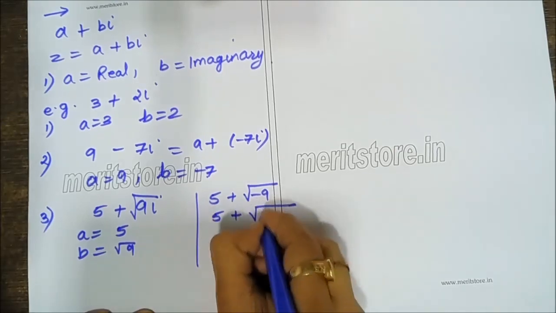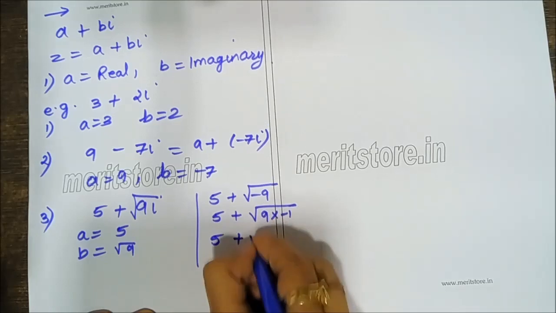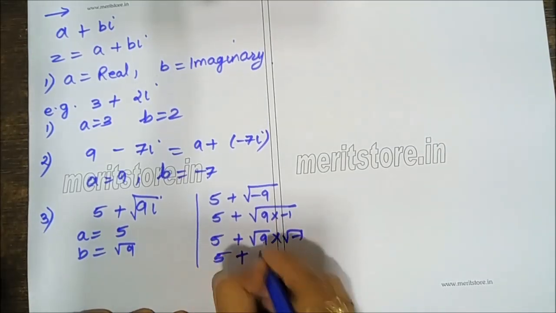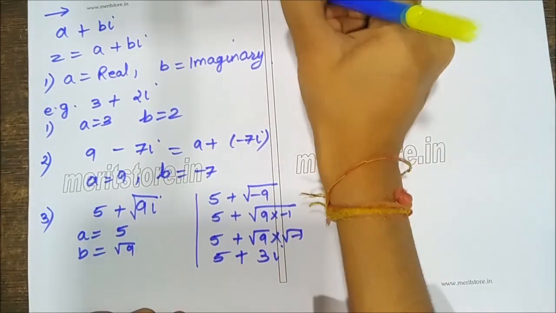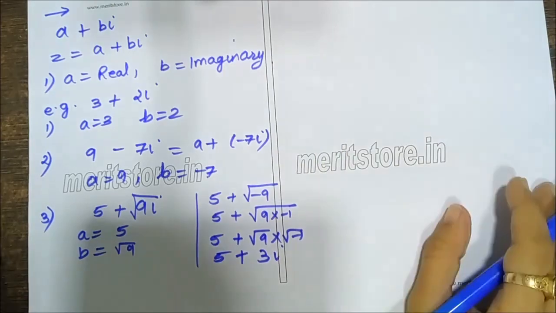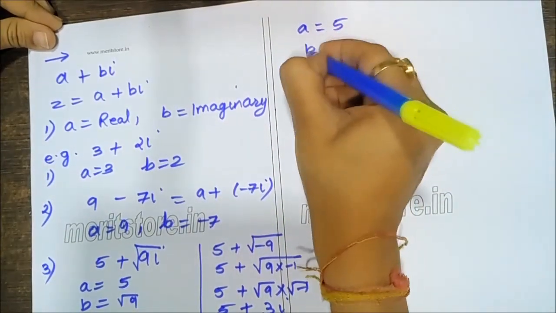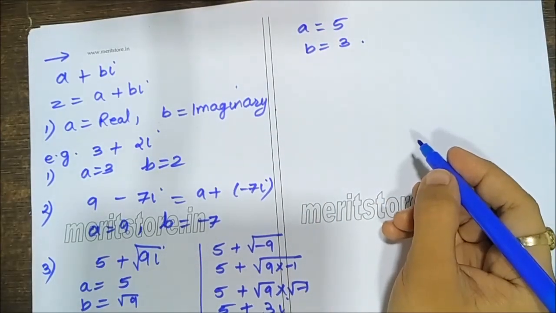Here I am writing this as 9 into minus 1. So that is root of 9 into root of minus 1. Let's split up. So this is 5 plus 3i. This is how you will derive it, and hence A is your 5 and B is your 3. Okay.